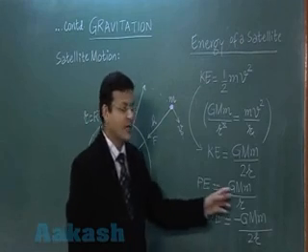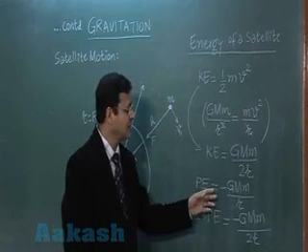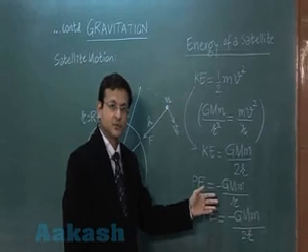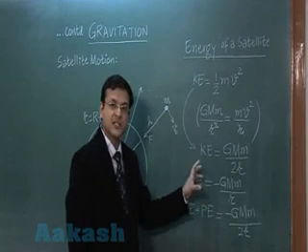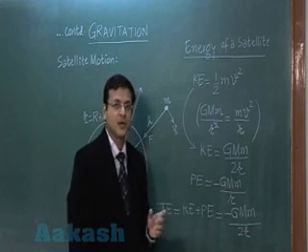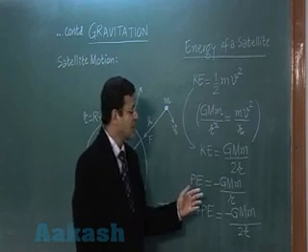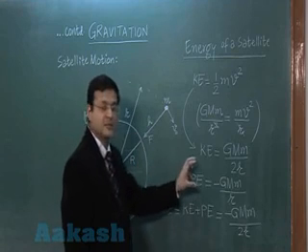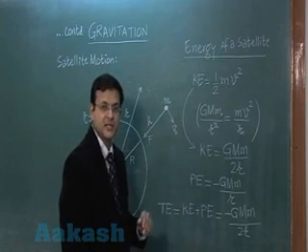But if you talk about potential energy, then you see the value is negative. You see this negative sign. The potential energy is a negative quantity as being shown by this expression. That means the satellite which is very close to the surface of the earth will have maximum possible negative potential energy.